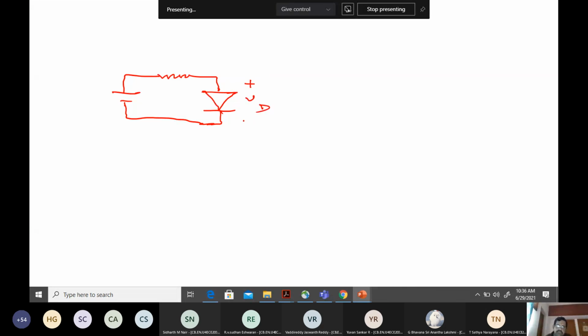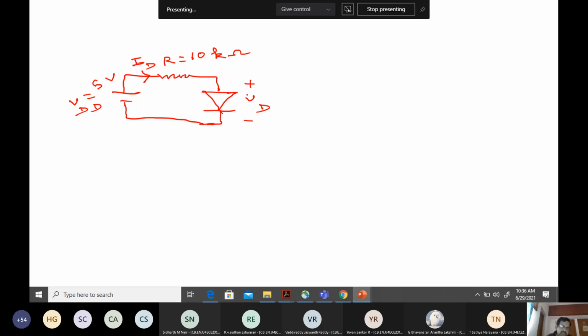So obviously this is positive, this is my negative, this is my resistor, and the current limiting resistor value is like say 10 kilo ohm, and the source voltage is 5 volt. Let us find the current ID and VD using the exponential model, and using the iterative method.